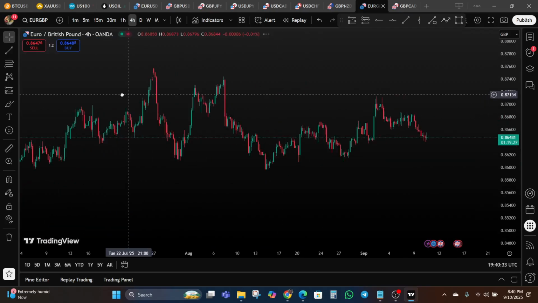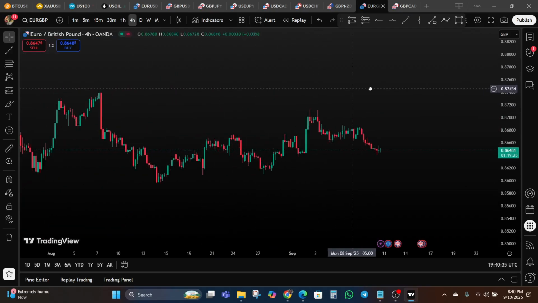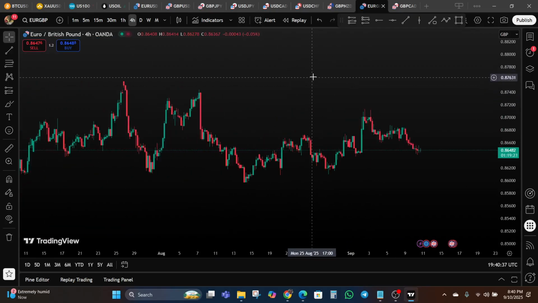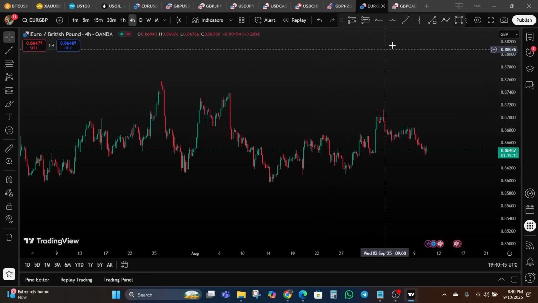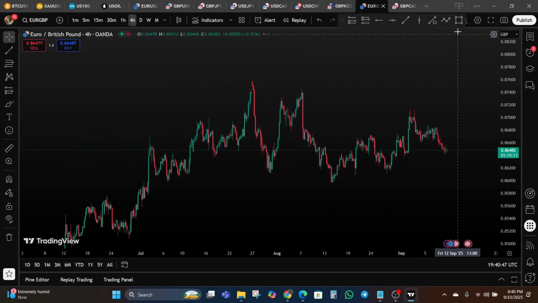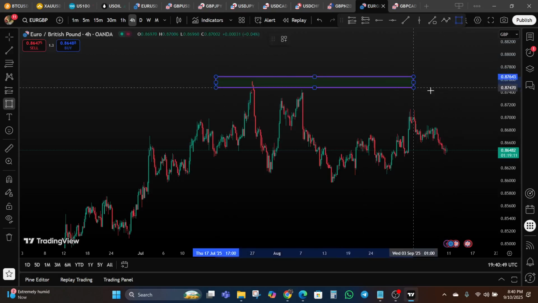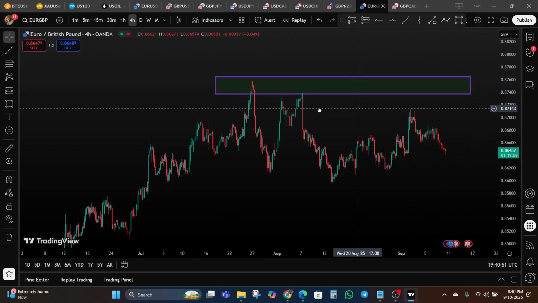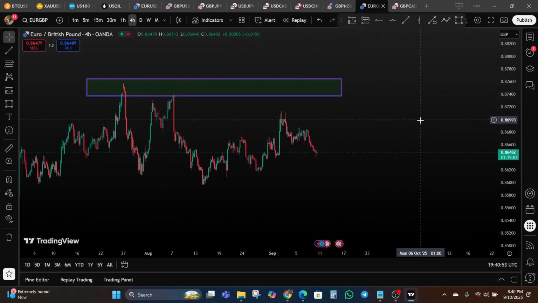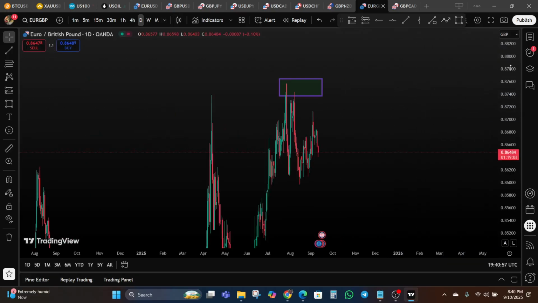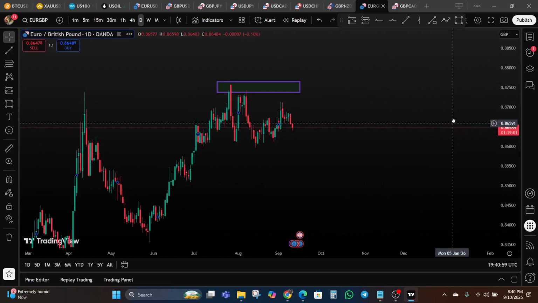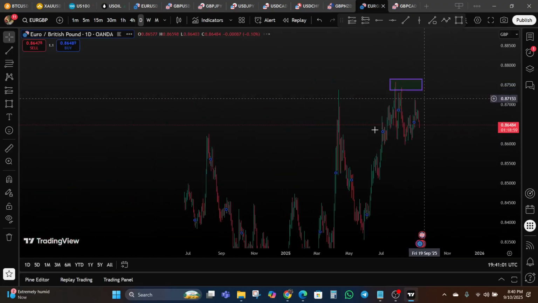Look for these patterns around resistance zones at the top of a trend, or near key levels where price has reacted before. Combine them with moving averages or other tools to confirm momentum.